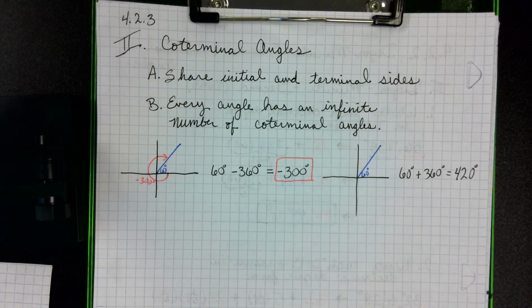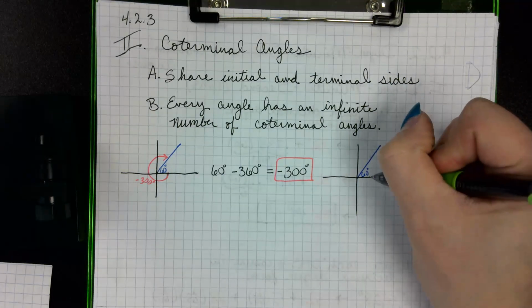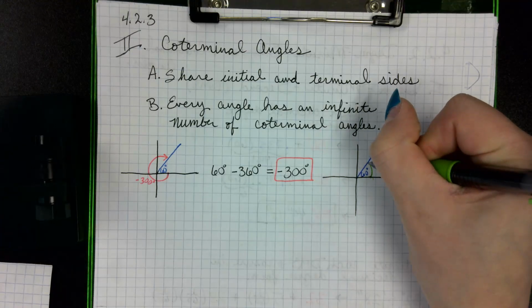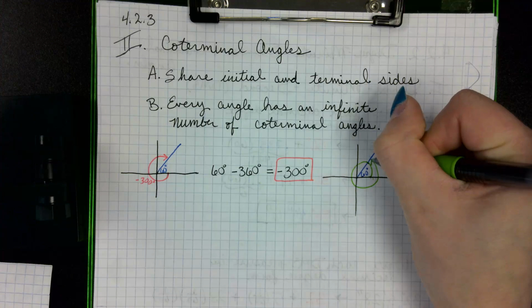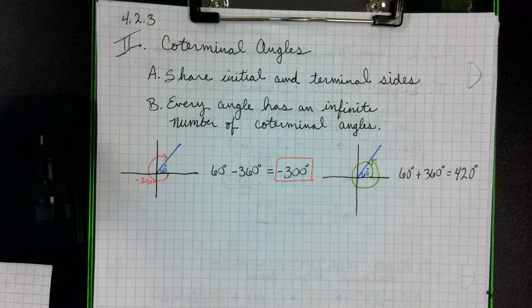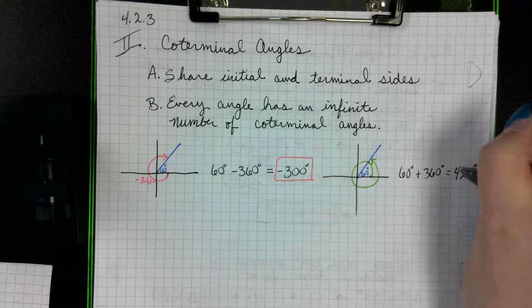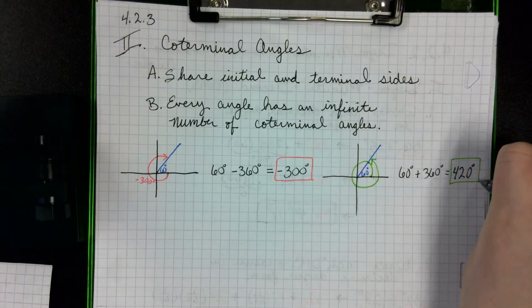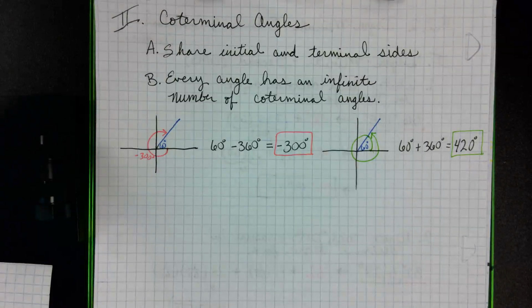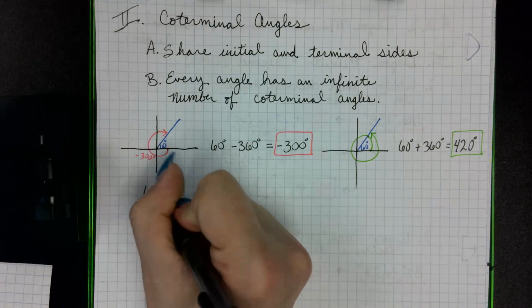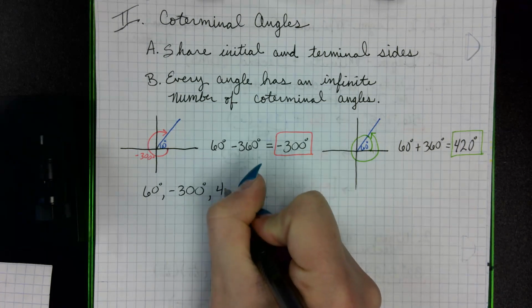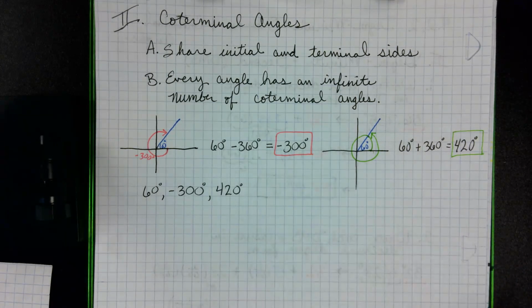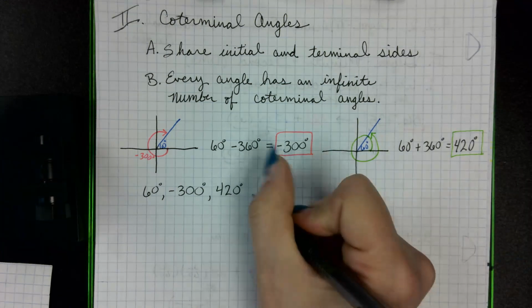To sketch that, from the initial side, there's the 60, and then if I keep going 360, it ends up right there. So that shows 420 degrees. So 60 degrees, negative 300 degrees, and positive 420 degrees are all coterminal angles.